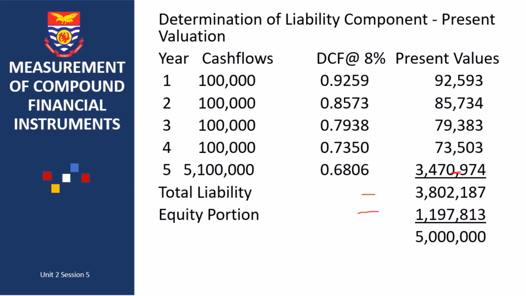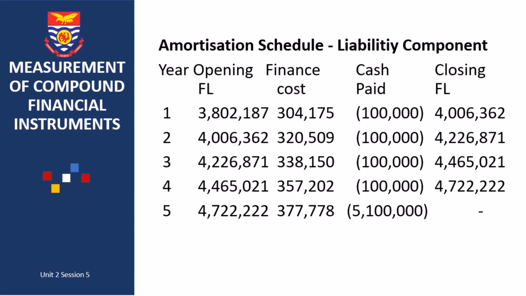Subsequently, you have to amortize the liability using the effective interest rate. Now, this is how the amortization schedule looks like. We have the opening financial liability, which is the liability we got, the summation of the present values.